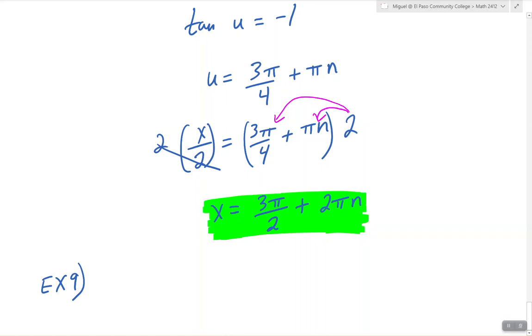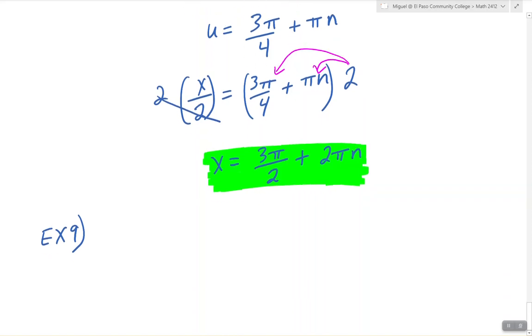Example 9. We've got secant squared minus 2 tangent of x equals 4.